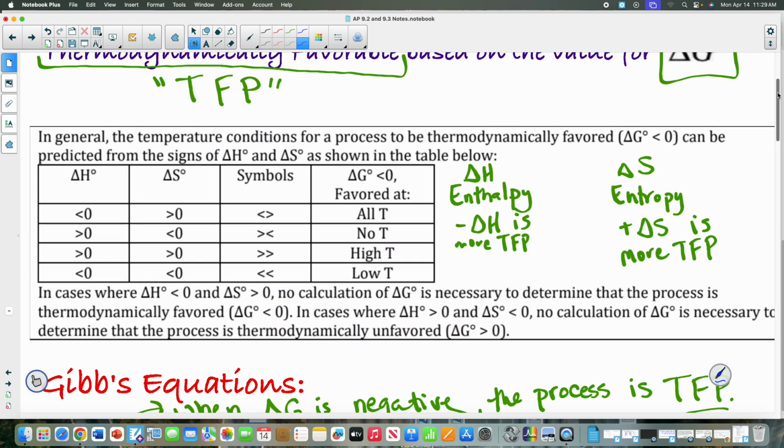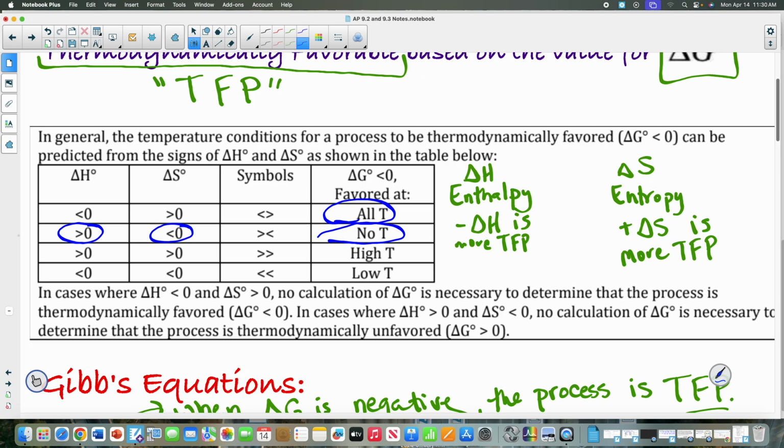If you were to go back to this chart, in the first row, when delta H is negative and delta S is positive, you're going to have a thermodynamically favorable process no matter what the temperature is, and it's all based mathematically on that Gibbs free energy equation. If you have a delta H that is positive and a delta S that is negative, you can never be thermodynamically favorable. The temperature wouldn't have any impact on it.